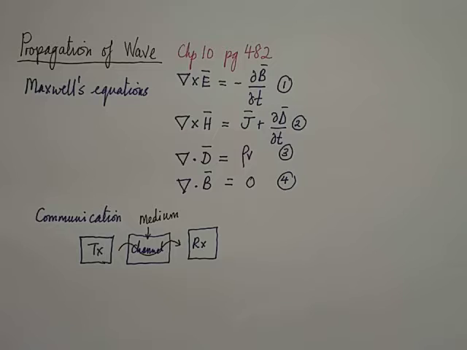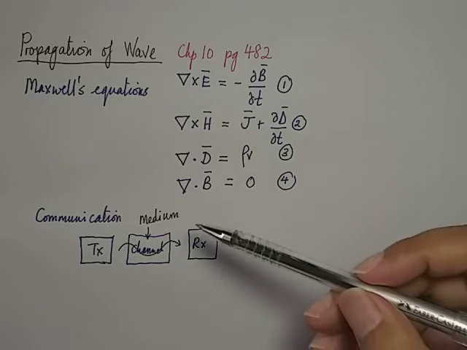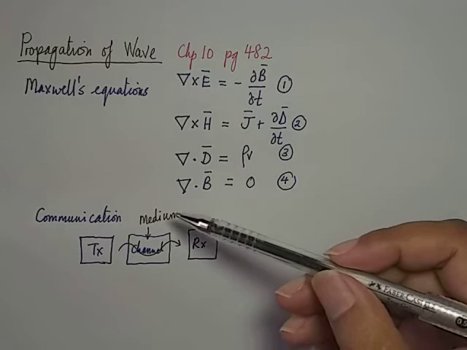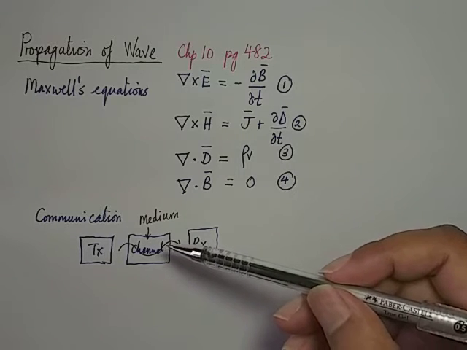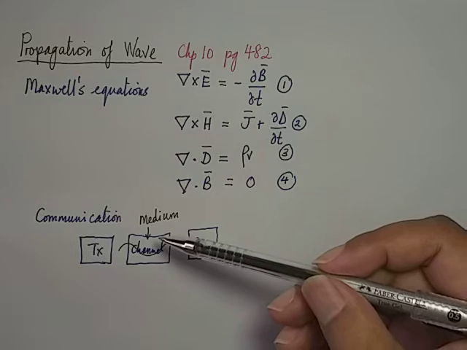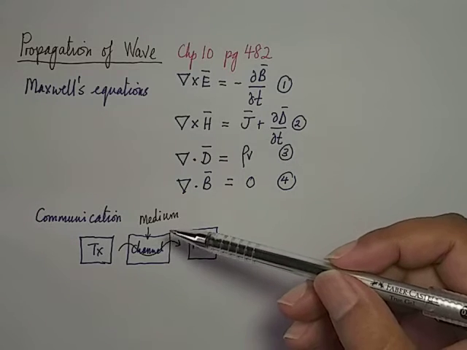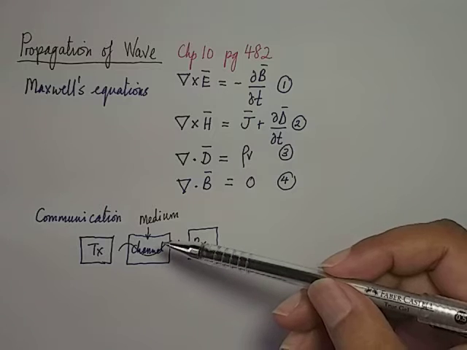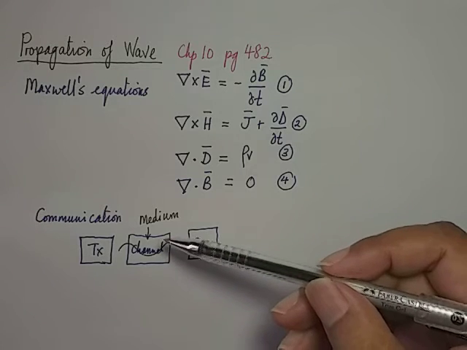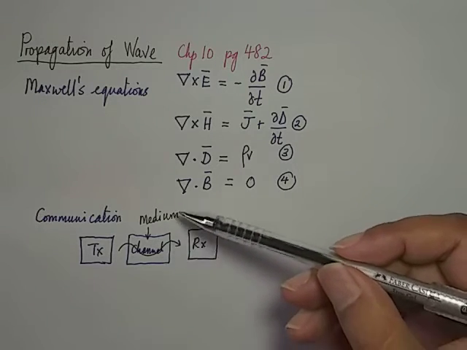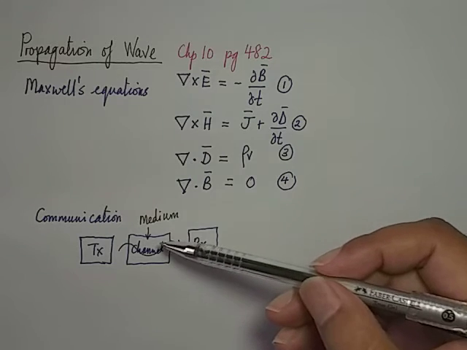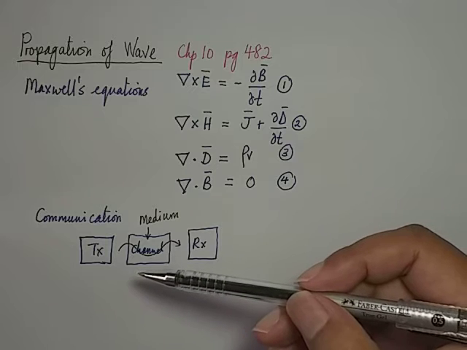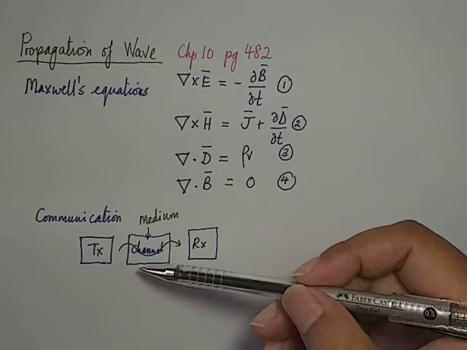We have seen that when we talk about medium, there are various types of medium that we have discussed. For example, perfect dielectric, lossy dielectric, good conductor and bad conductor. Various media have different properties of electromagnetic wave.